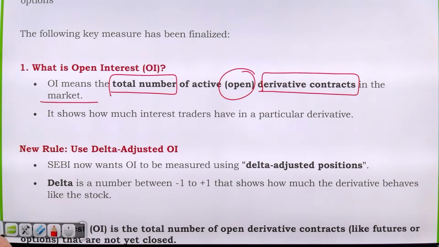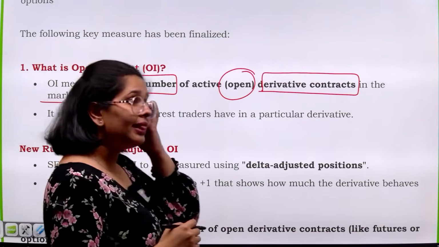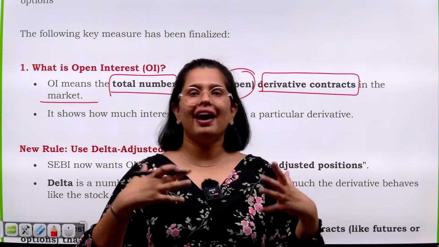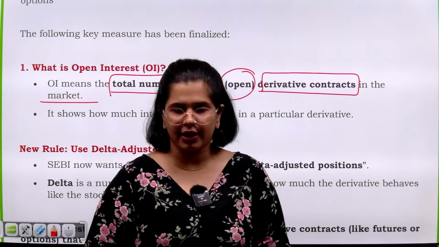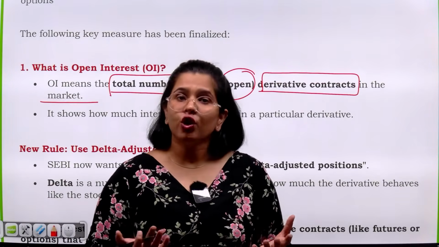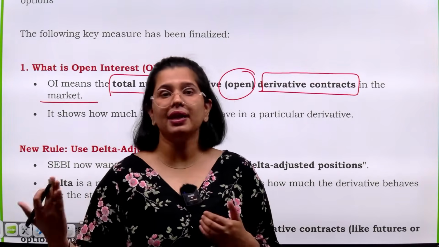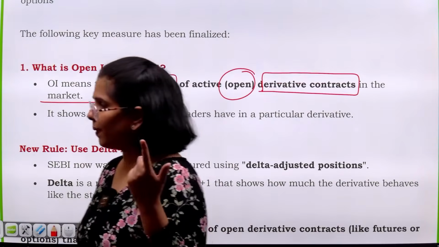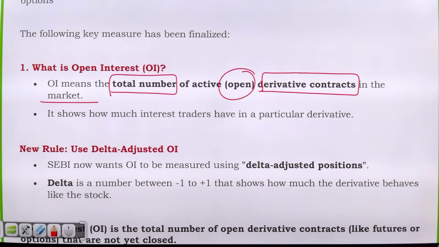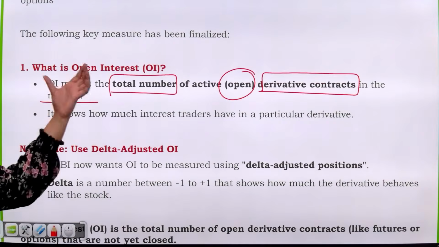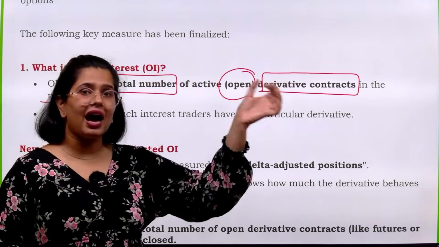So suppose there is a contract and there are 10,000 people who have bought or sold this contract, right? So that shows how many people are interested in that contract. That is open interest, right? Open interest means how many number of contracts are there.